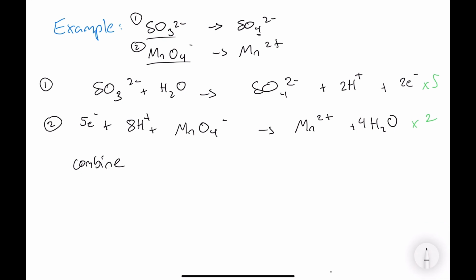So have 5 SO3 2 minus, plus 5H2O, plus 16H plus. Actually, we know this would be 16H plus. This will be 10.